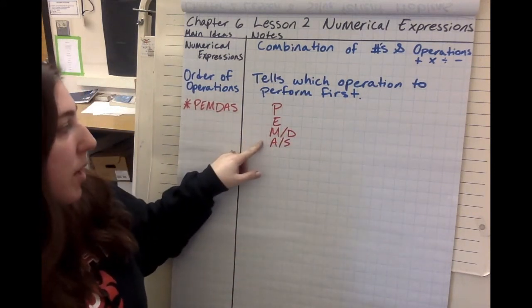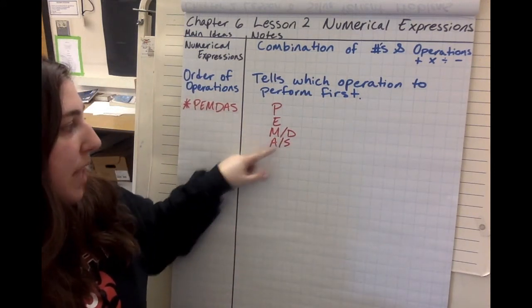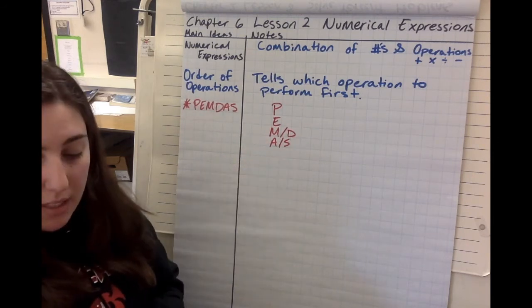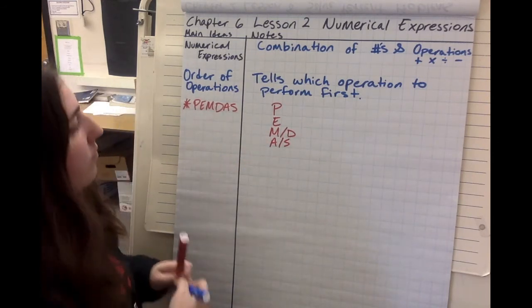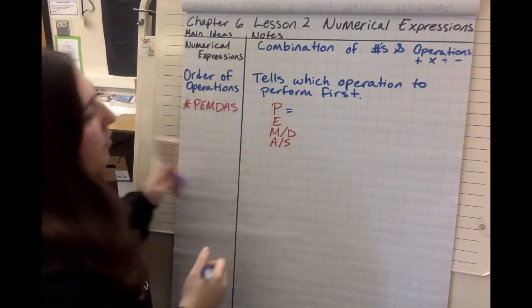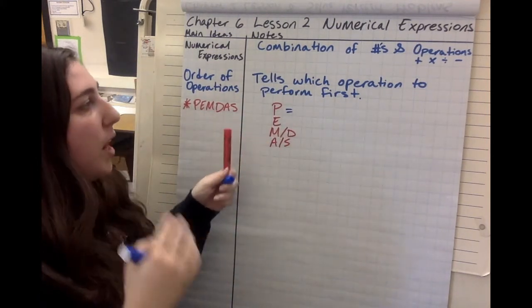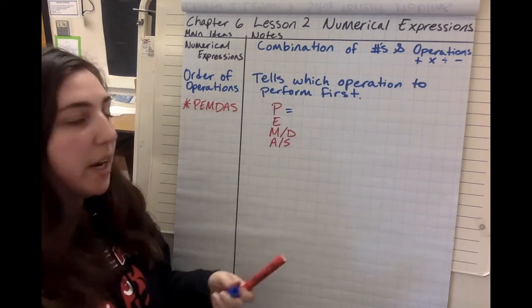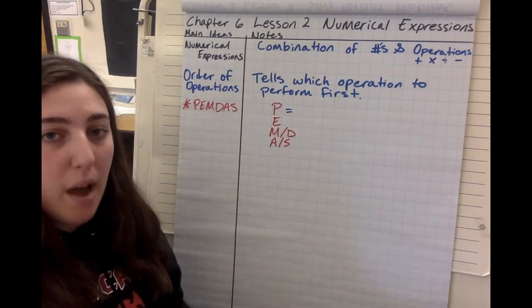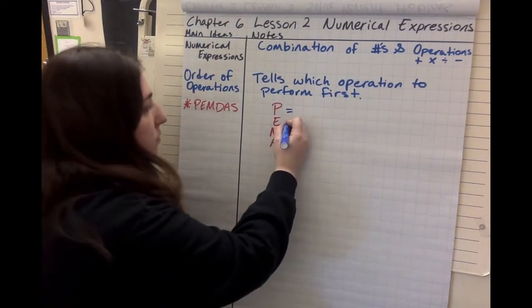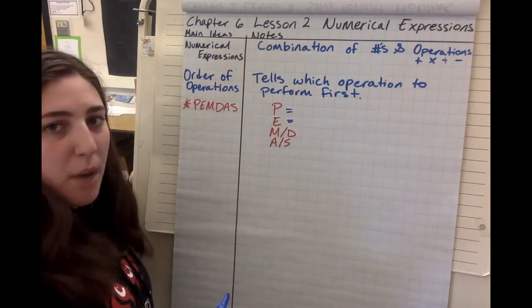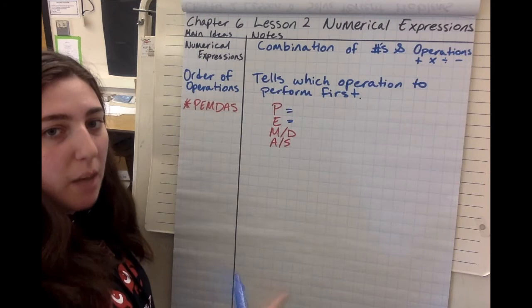I'll let you know why I put M/D and A/S. PEMDAS is just a phrase to help us remember what order we should do our operations in an expression. I think it's called a mnemonic device. It's just a way to help us remember.